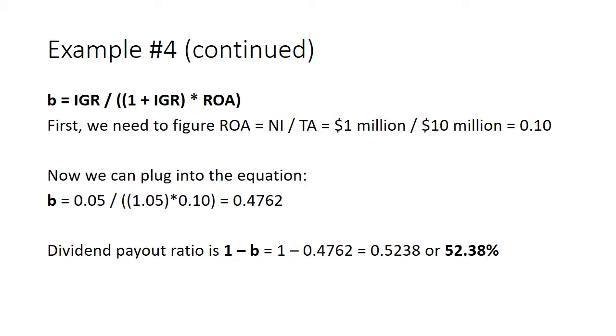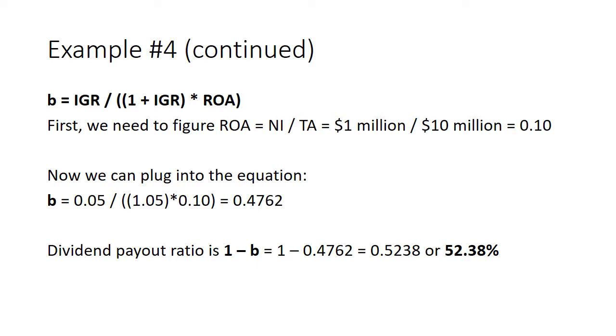Remember that the plowback ratio and the dividend payout ratio always add to 1. And so what that means is our dividend payout ratio is simply 1 minus the plowback ratio, or 1 minus 0.4762, is equal to 0.52338, or 52.38%.